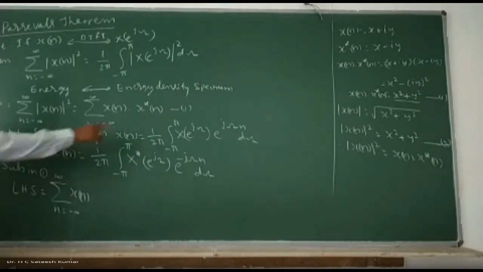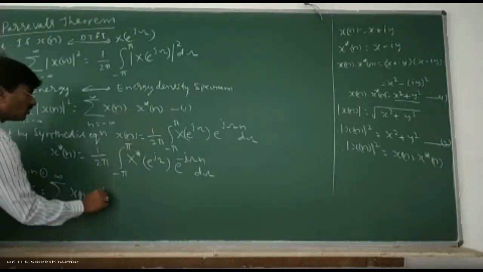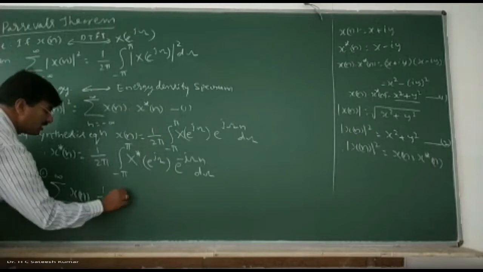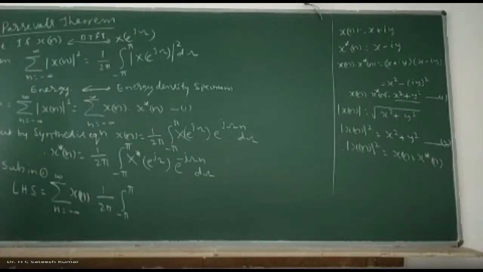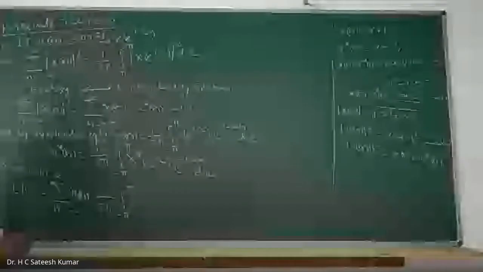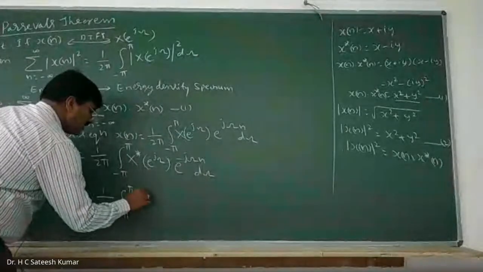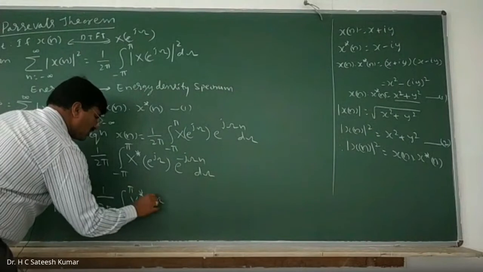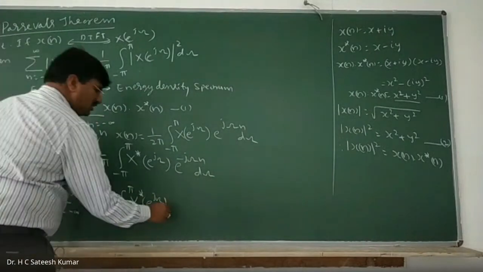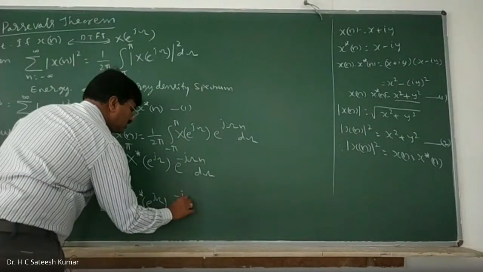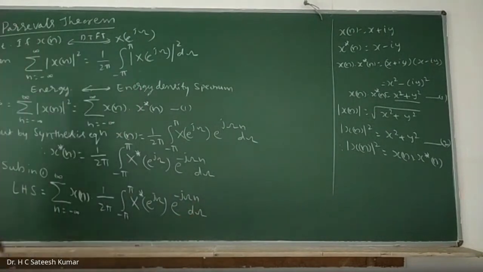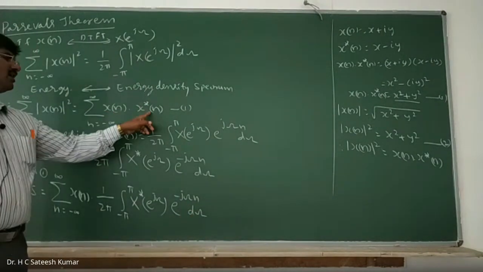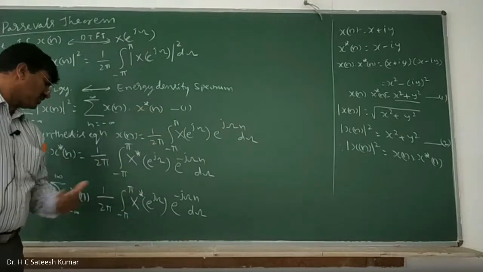X star of n is nothing but 1 over 2 pi into integration from minus pi to plus pi X star of e to the power of j omega into e to the power of minus j omega n into d omega. That is your x star of n. So x of n and x star of n are substituted.